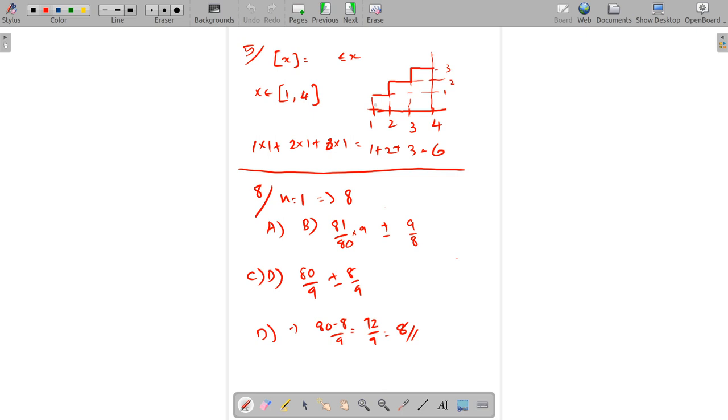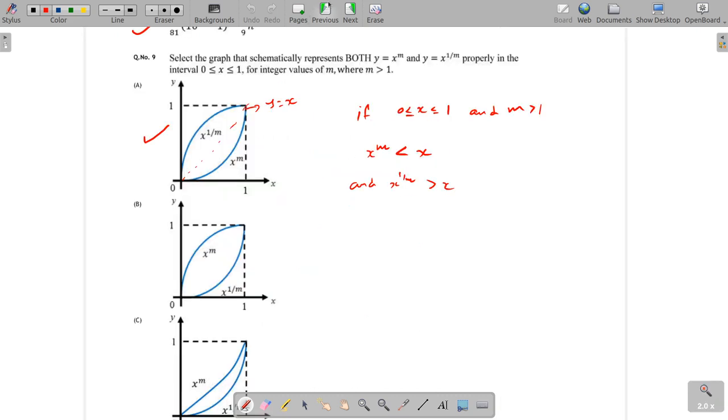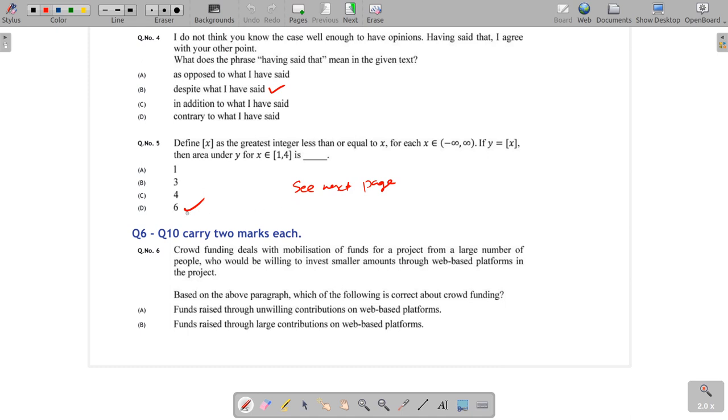From 1 to 2 the value of the function is 1, from 2 to 3 it is 2, and from 3 to 4 it is 3, because the function is defined like that. Now what is the area under this curve? There are 3 rectangles having areas 1 into 1, 2 into 1 and 3 into 1. You add them up and you get 6, so the answer is 6.